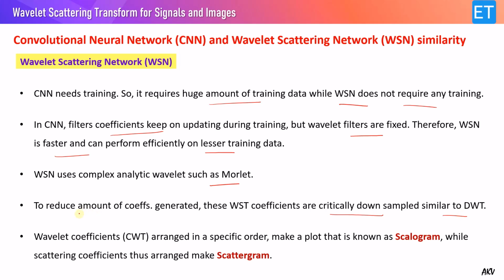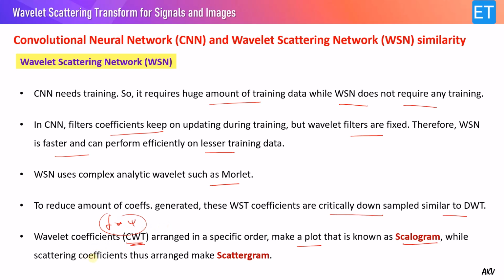Wavelet coefficients, I mean the convolution of f with a wavelet function, is a similar operation to the continuous wavelet transform. When all these coefficients are arranged in a specific order, they make a plot, and that plot is known as a scalogram. That's why the wavelet coefficients are sometimes known as the scalogram coefficients.